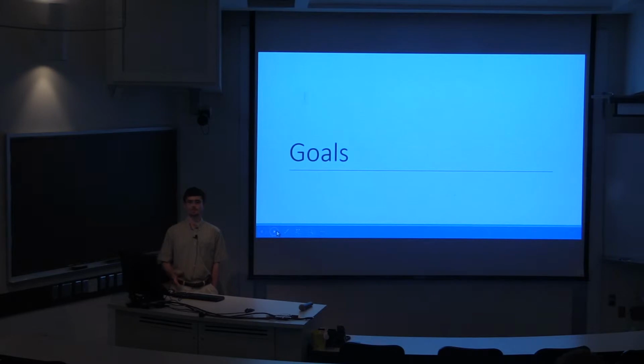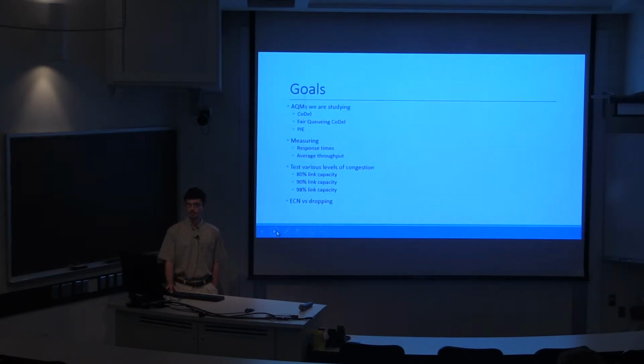So what are the specific goals for our research? We're studying 3 different AQMs: Codel, a variant known as fair queuing Codel, and PI-E. And we're analyzing response times and average throughput in a real-world setting, or a laboratory that emulates a real-world setting, in an attempt to compare how well these algorithms perform against each other and against the default FIFO queuing.